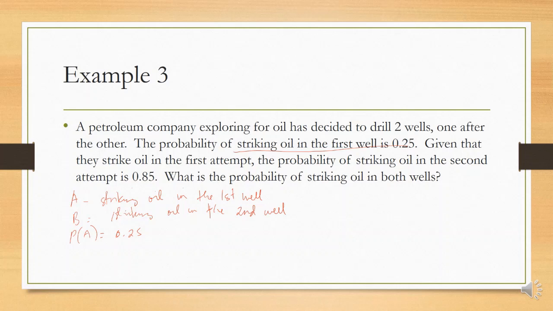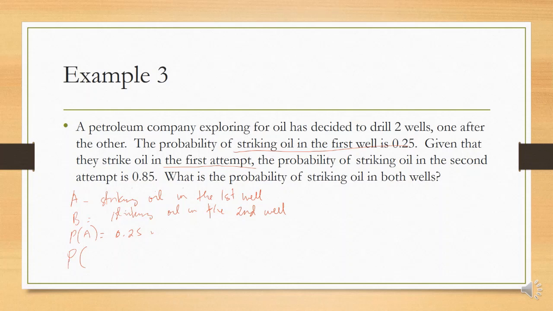Given that, sabi niya, given that they strike oil in the first attempt, no? Naka-ano tayo? The probability of striking oil in the second attempt is 0.85. Sabi niya, kung ino-notation natin yon, given that they strike oil in the first attempt, the probability of striking oil in the second attempt is 0.85.